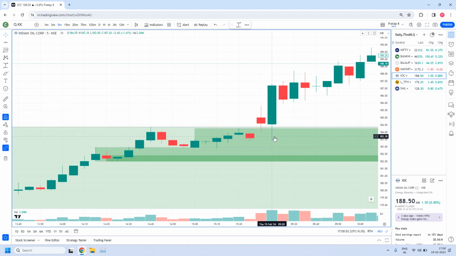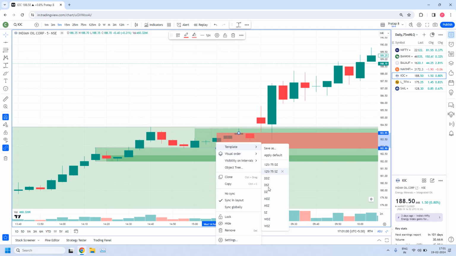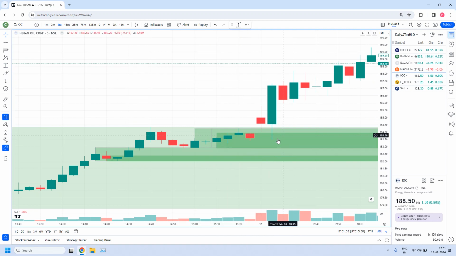And the next candle, this zone is tested. If you would have drawn a zone like this, this is the leg out candle. By adding the hidden body, this is the leg out candle. Next candle, again prices entered into this zone and took the orders.